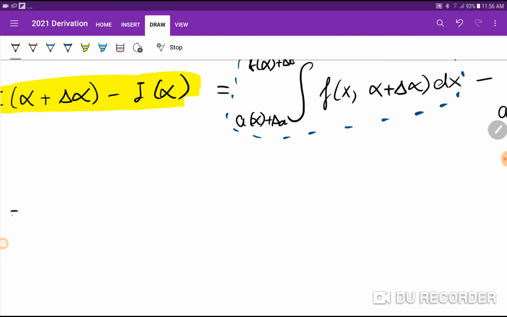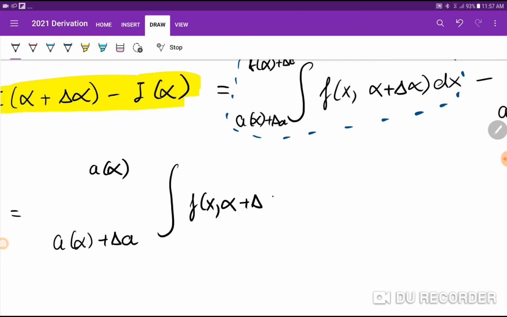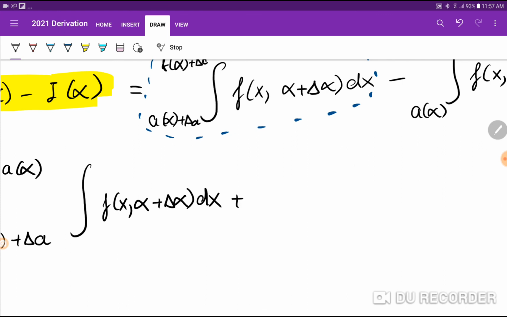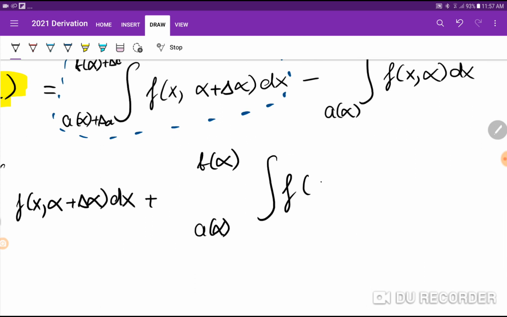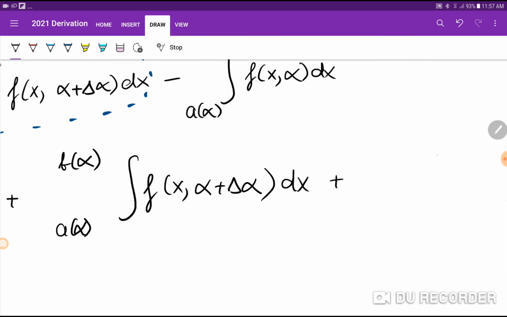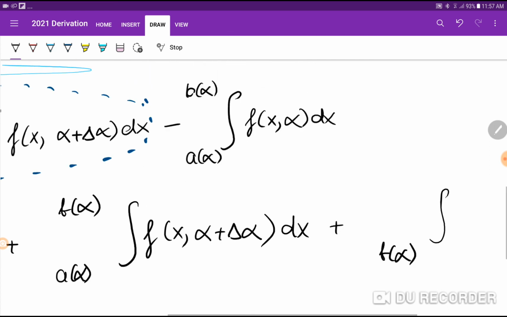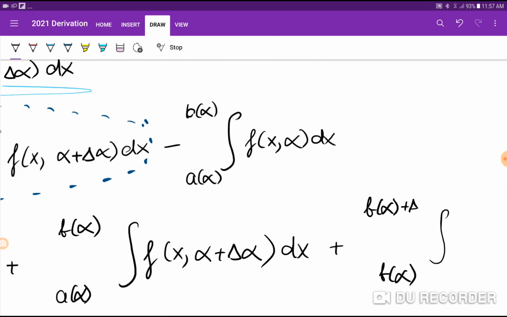So this one will be equal to the integral from a(alpha plus delta a) to a(alpha) of f(x, alpha plus delta alpha) dx, plus the integral from a(alpha) to b(alpha) of f(x, alpha plus delta alpha) dx, plus the integral from b(alpha) to b(alpha plus delta b).